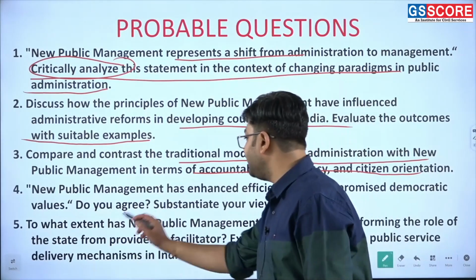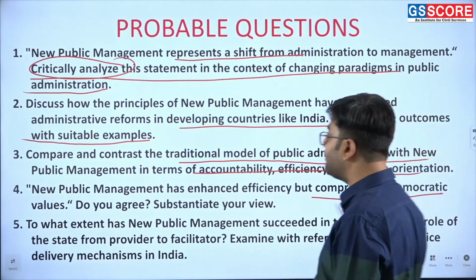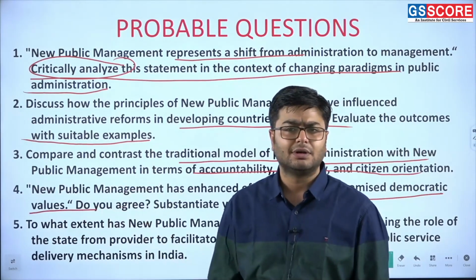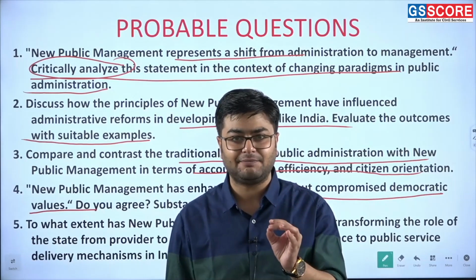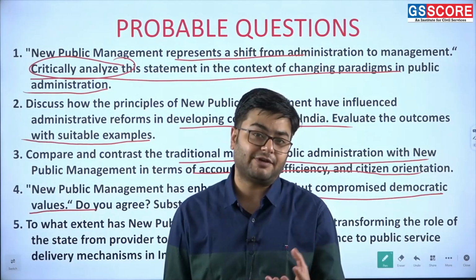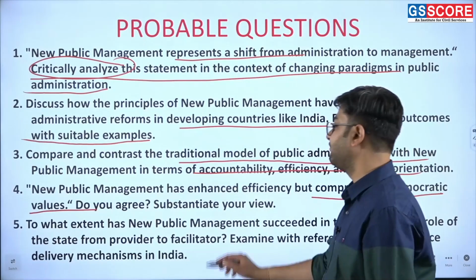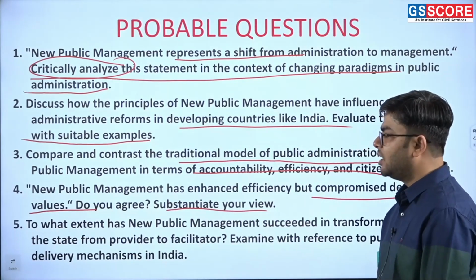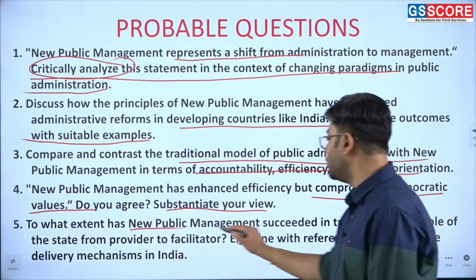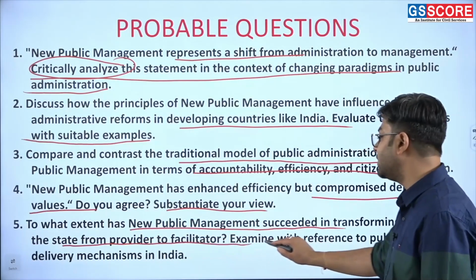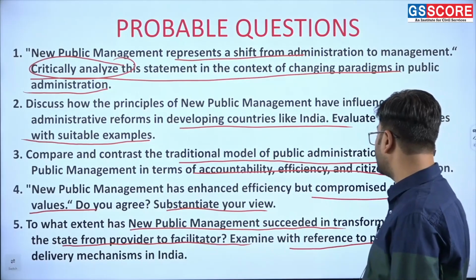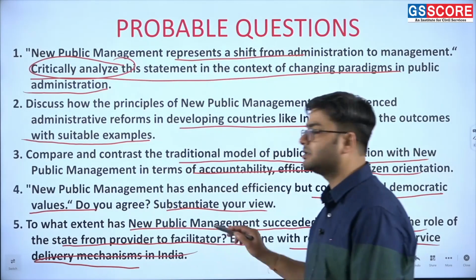Next one, NPM has enhanced efficiency but compromised democratic values. A similar question, with a similar strain of DNA, framed differently. Substantiate your view. To what extent has new public management succeeded in transforming the role of the state from provider to facilitator? Examine with reference to public service delivery mechanisms in India.